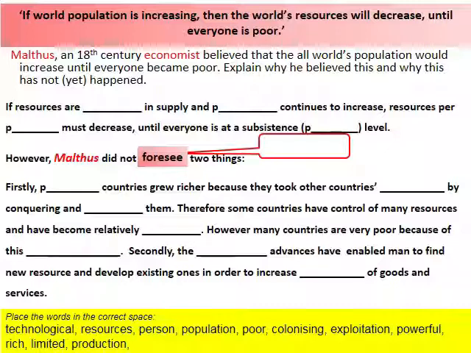But if we go back to the basic assumption, that if resources are limited, there's only a limited amount of land and natural resources, then if somebody takes more, others have less. And we've seen this, that many of the poorer countries of the world today are ones that have been colonized by much more powerful countries who have got much richer because of that colonization.